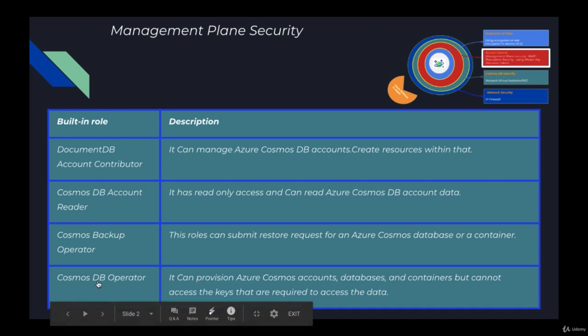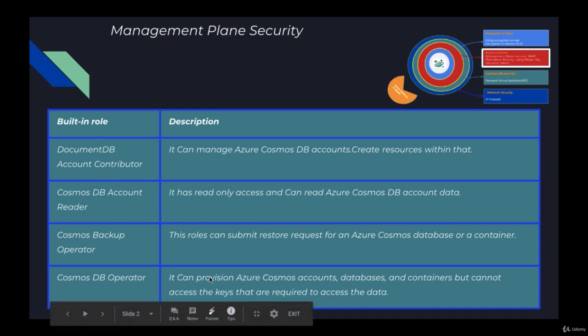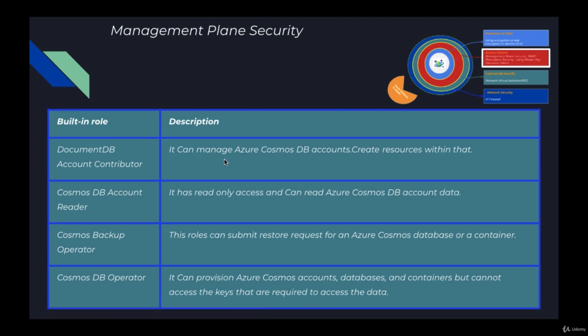So it's the best role for operators, or the L2s or L3s in your team who will be provisioning resources for your application team, because they should not have the keys to access the data. Data is owned by the application that will be using this Cosmos DB. In this way, we can provide management plane security using role-based access control.